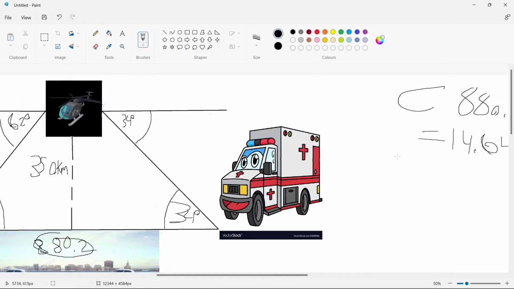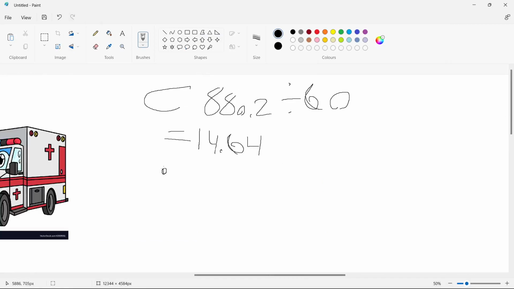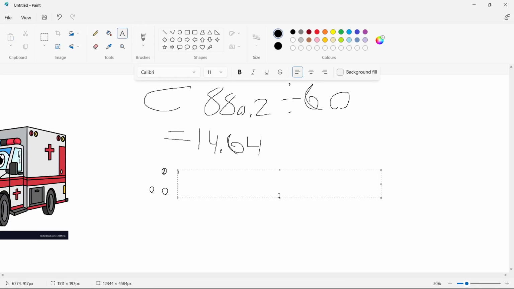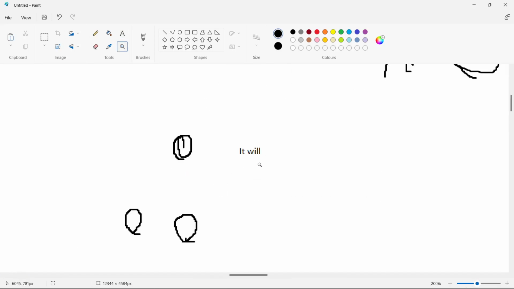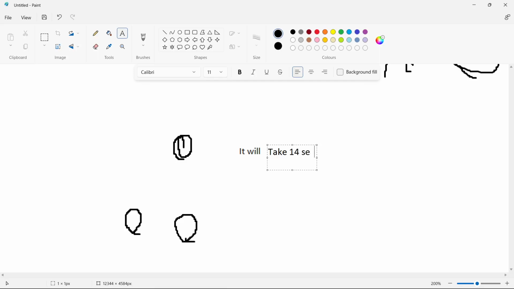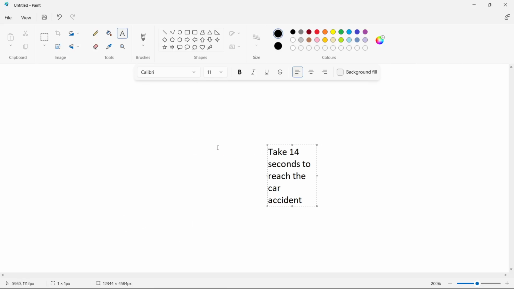Alright, we're done. Therefore, it will take, let's zoom in, 14, sorry, 14 seconds to reach the car accident.